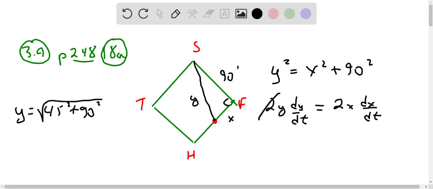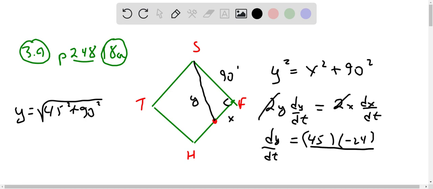The twos cancel, so if we divide both sides by Y, dy dt, or Y prime, is X, which is 45, times dx dt, which is negative 24 feet per second, divided by the square root of 45 squared plus 90 squared.